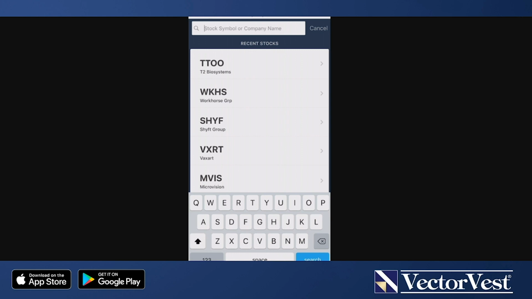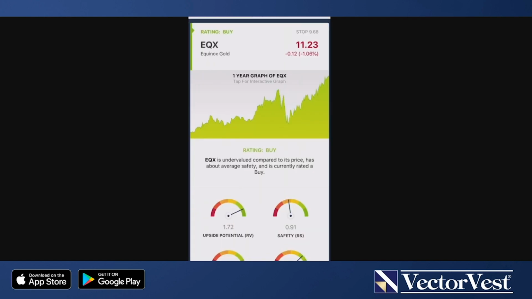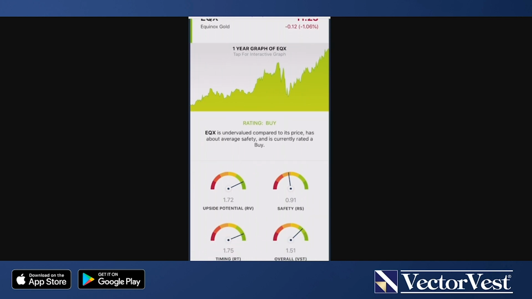Let's see. EQX is one of the highest rated stocks on the VectorVest. Yeah, it's starting to come today. Let's take a look at it, Taylor. EQX. I wouldn't consider down just 1% crumbling by any means, but this one, great long-term potential.